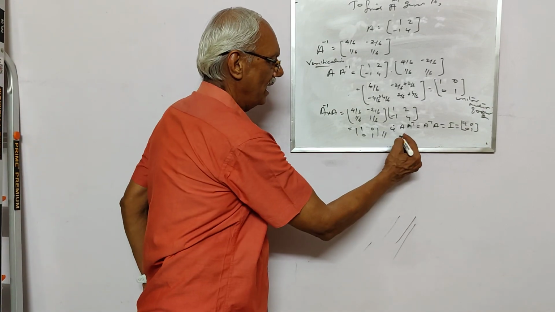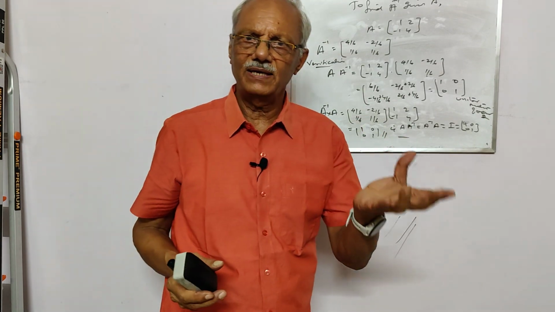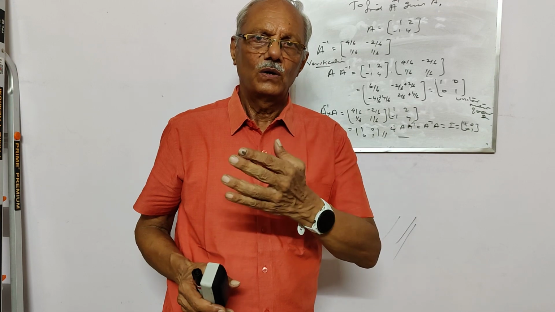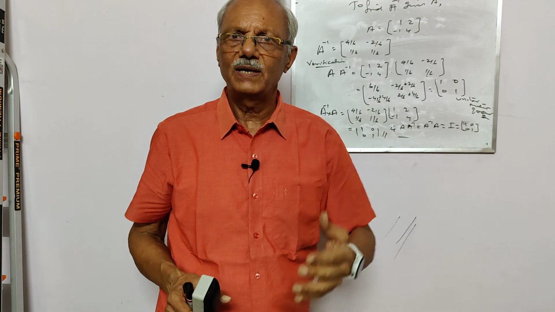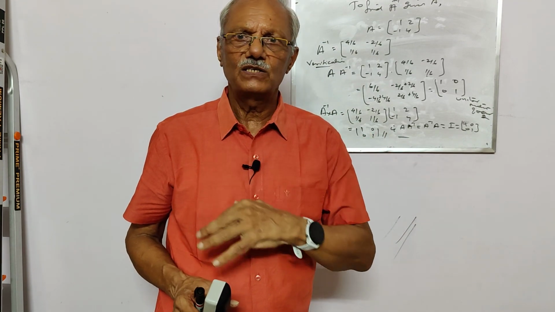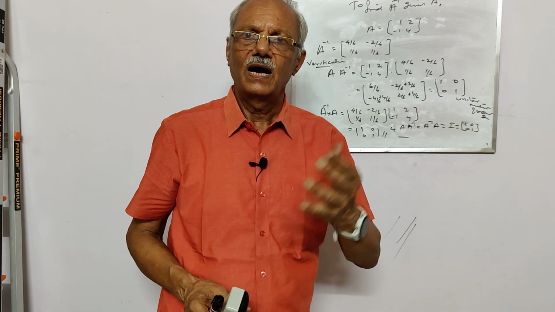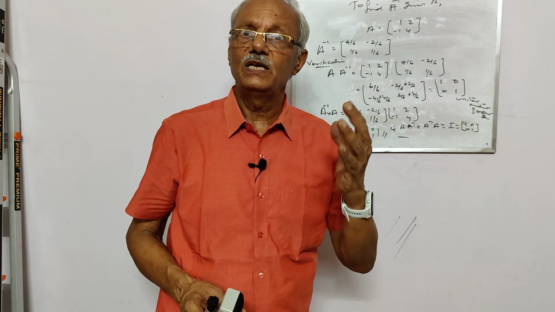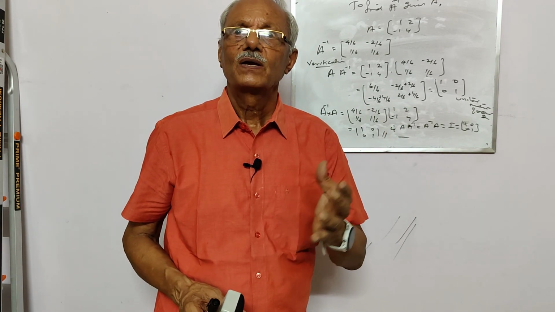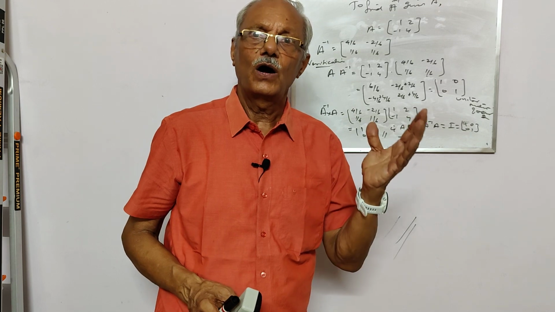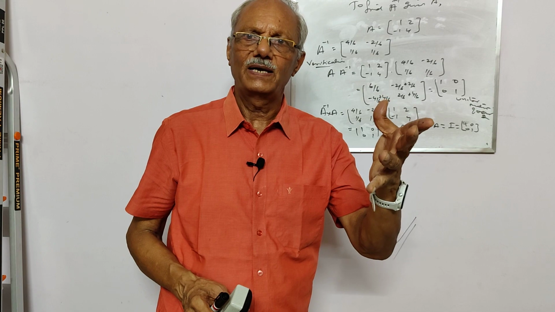And so today I have taught you the meaning of a matrix, some examples of matrices, and what is called the inverse of a matrix, the transpose of a matrix, the method of multiplication of two matrices, what is a square matrix, what is the determinant of a square matrix, what is a singular and non-singular matrix, what is a cofactor, and how to find the inverse of a matrix.